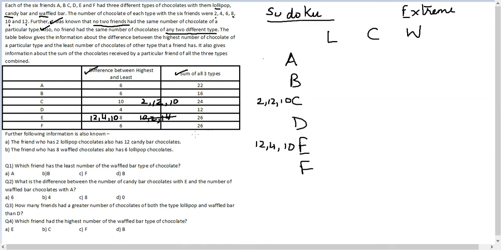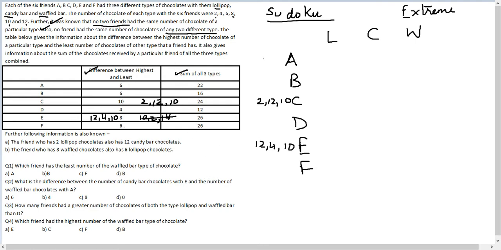We need 26 with 3 numbers. The best way to get there, I can see, is, oh, the difference has to be only 6. So if I am taking 12, I cannot take 4. But can I do this? Let me reduce 12 by, oh, what can I do? I can't think of anything as of now.